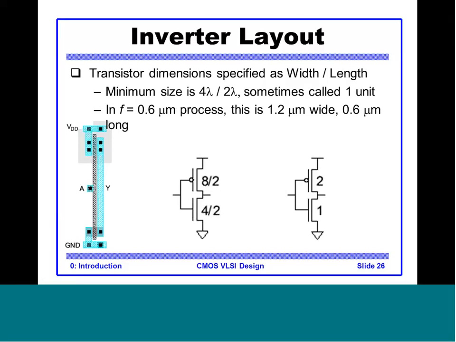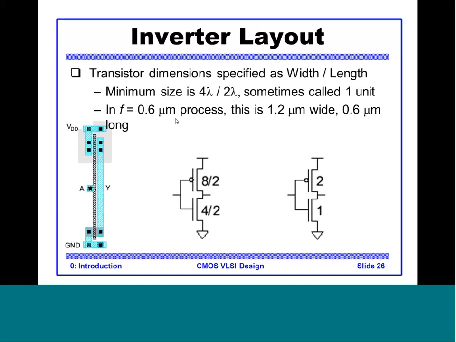Let me discuss this in short for now. For the same width and length, the PMOS is slower than NMOS due to the fact that the hole's mobility is less than the electron mobility. Usually the factor is less than 2, but we just round off and say that the PMOS is slower than NMOS by a factor of 2.